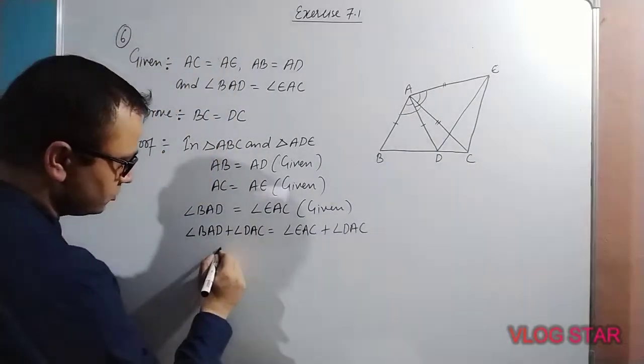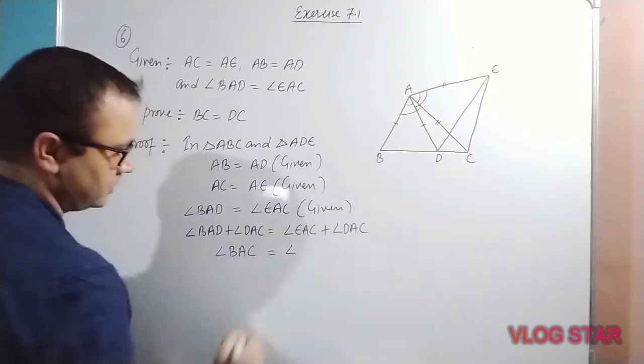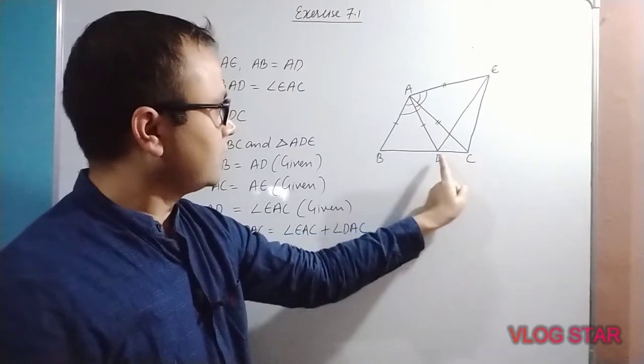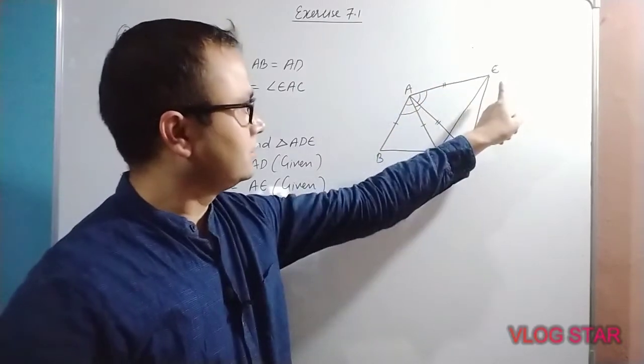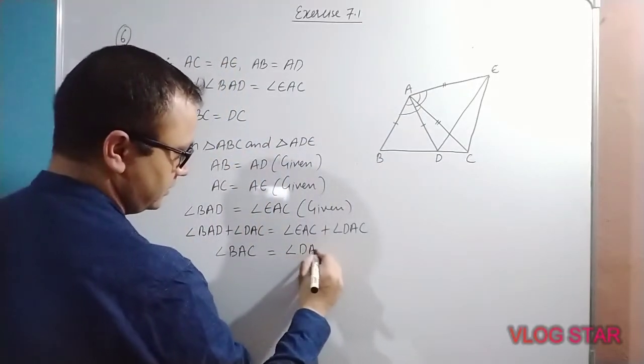So angle BAC equals, on the right-hand side, EAC plus angle DAC, which is angle DAE.